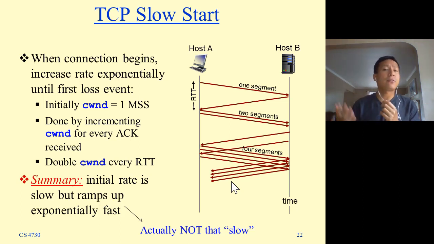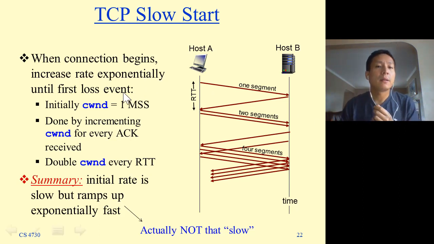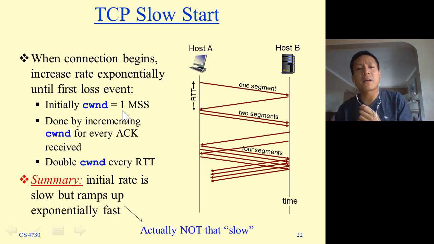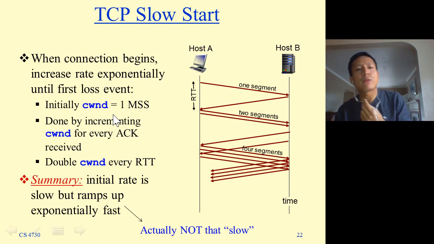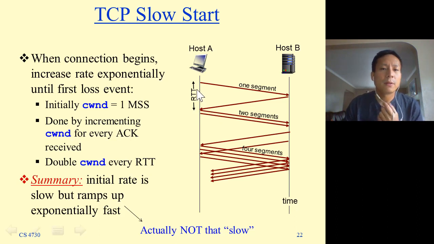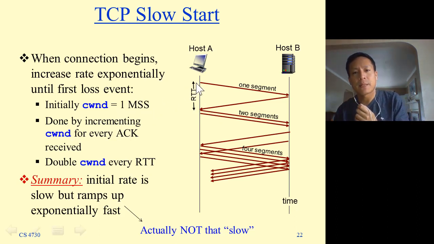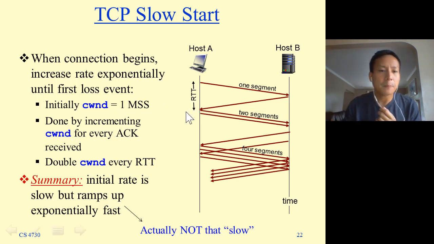Usually it starts from 1, which means you send one packet first and you wait for a response, because you don't know the network situation, right? So initially the congestion window will be 1 and you only send one segment out and wait for the response. All right, 1 MSS, and you wait for RTT.